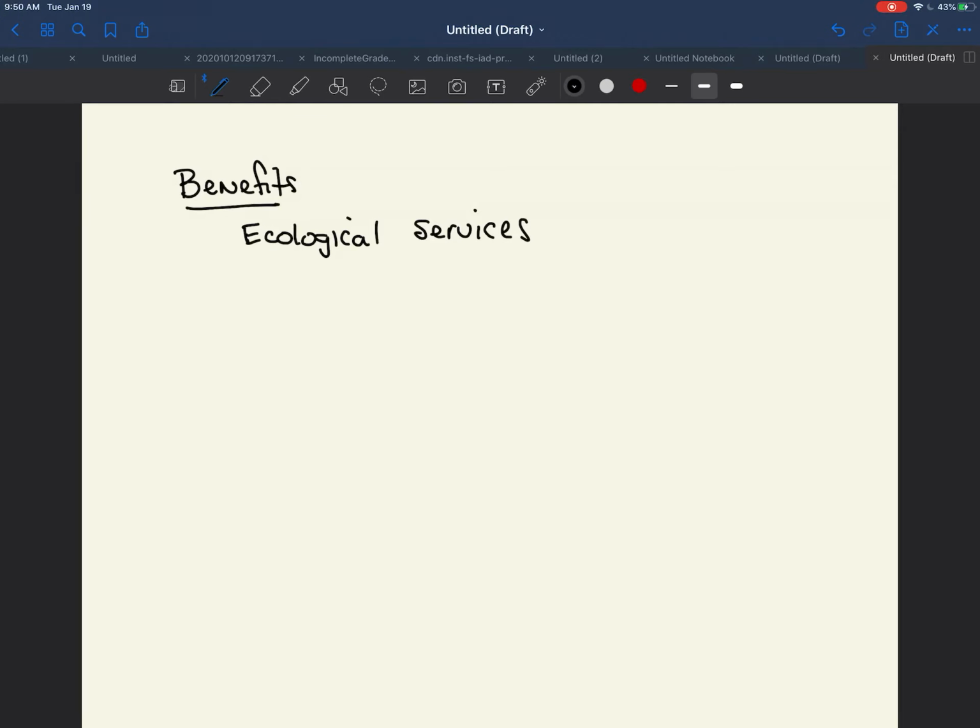Like, what do they do to help human society? And this is important because we seem to put monetary benefit to everything. So maybe if we're asking, should we spend money conserving earthworms? We could say, well, if we didn't, what would it cost us? And that might allow some people to budget money for conservation, okay? So ecological services are how do they benefit us? Not necessarily just the ecosystem, but us.